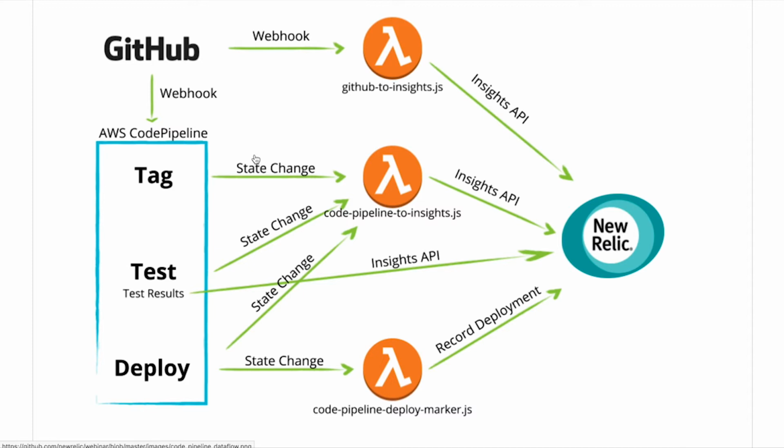That's code that we wrote. And this shows, in this app, all the pieces that it takes to get that into New Relic. And you'll notice in the middle those orange icons that represent AWS Lambda functions. Those are there because the data that comes out of those events may not fit exactly into the structure that we expect as an Insights payload.